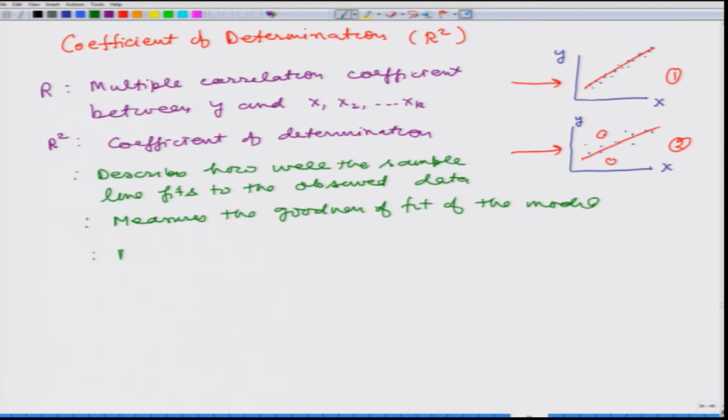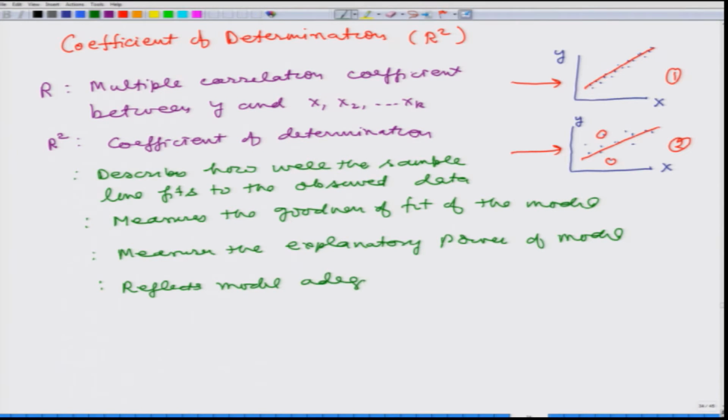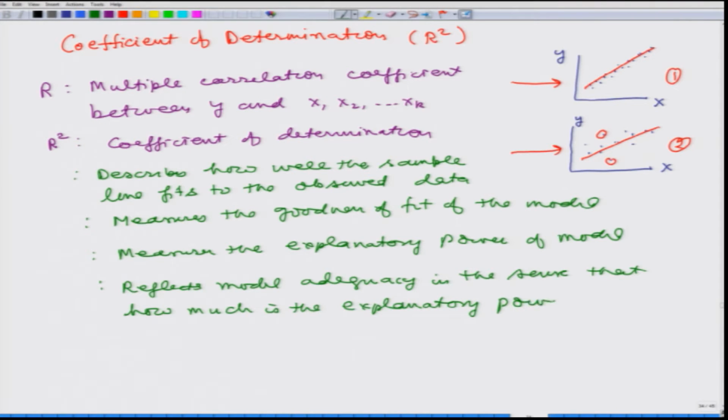It also measures the explanatory power of the model, and this reflects the model adequacy in the sense of how much is the explanatory power of the explanatory variables.